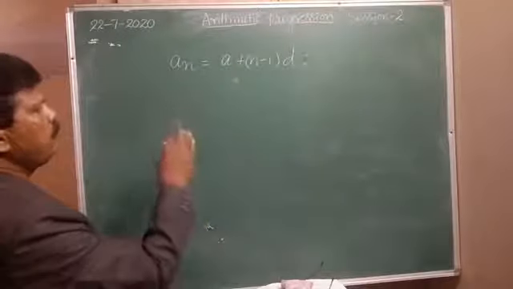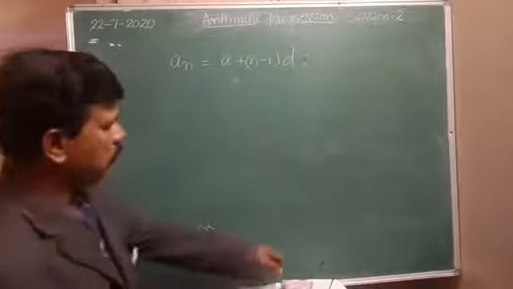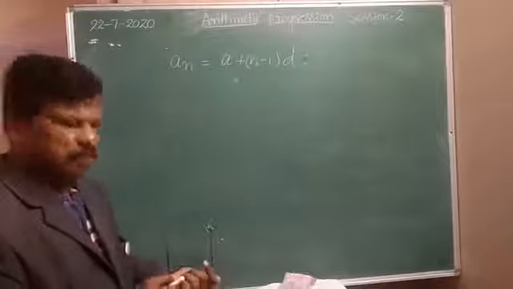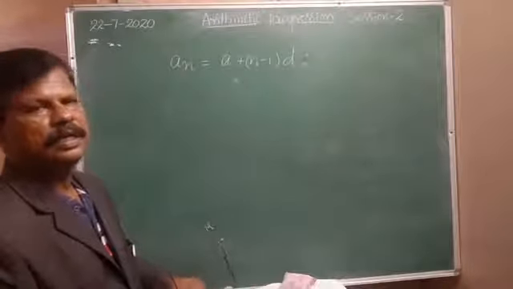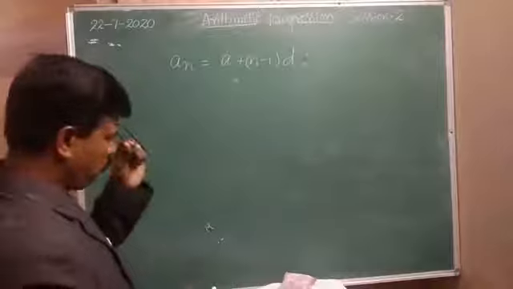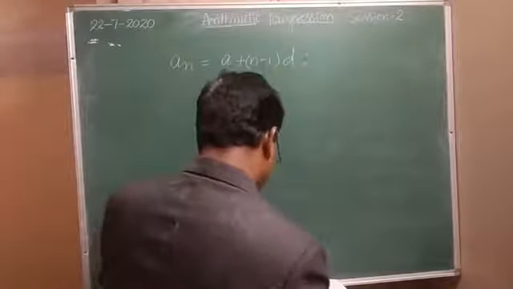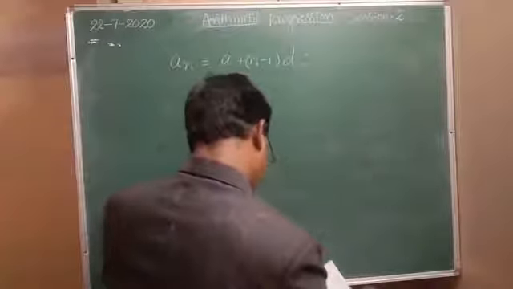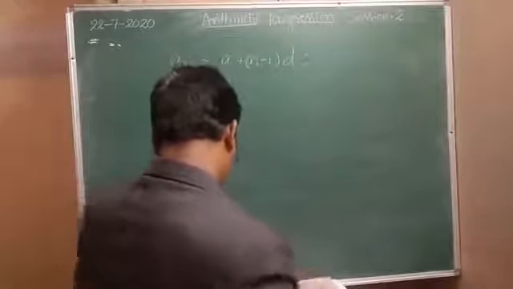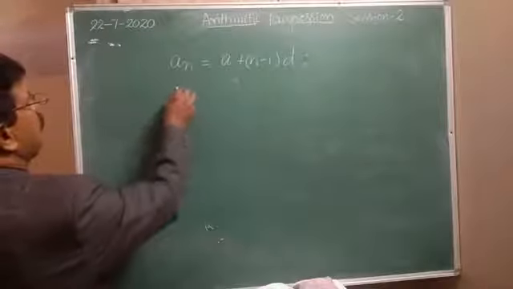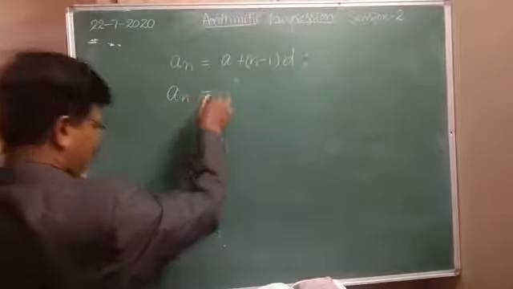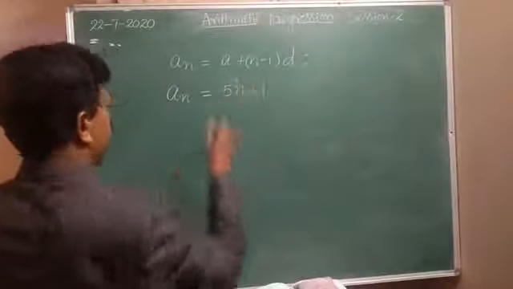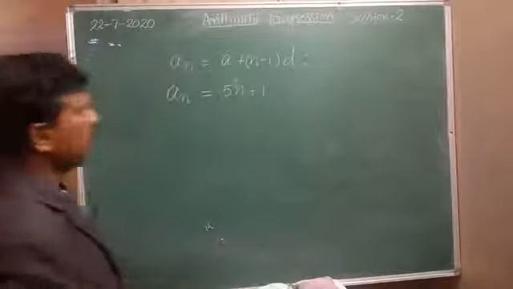Before that, in a progression, the terms of a sequence are expressed or described by the nth term formula. Based on that, I am writing a formula here: an is equal to 5n plus 1.